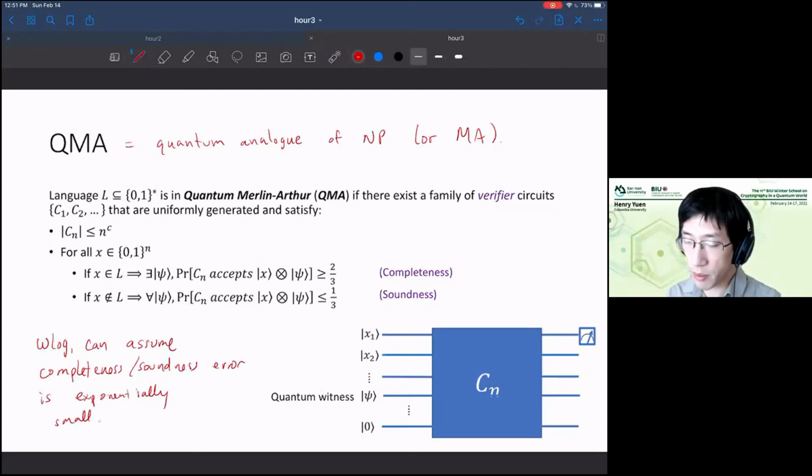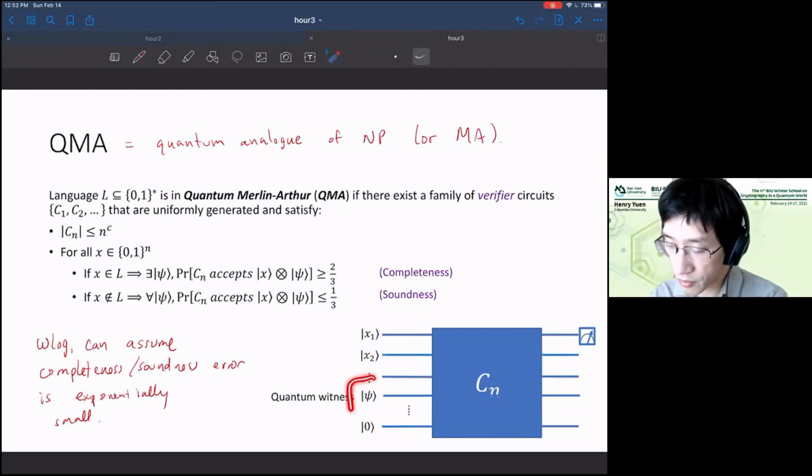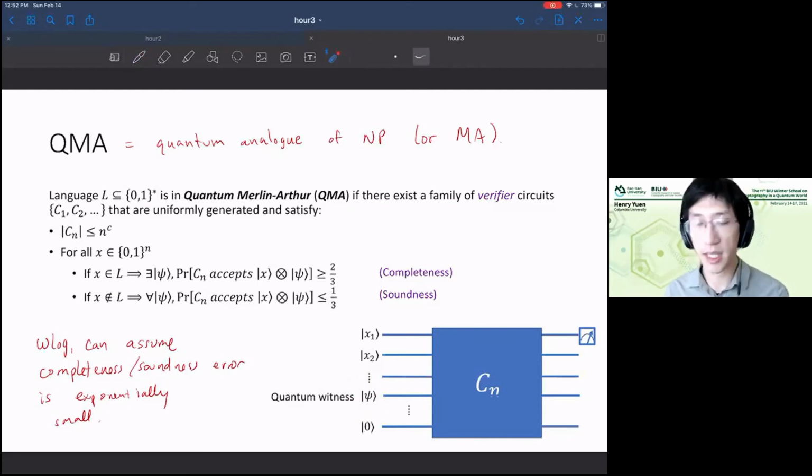You can repeat it, but after you run one instance of this verifier circuit with the quantum proof state psi, you perform a measurement at the end. And remember that measurements disturb the quantum state. So after you measure, you might not have this quantum proof state psi anymore. It might have collapsed into, say, some classical basis state.